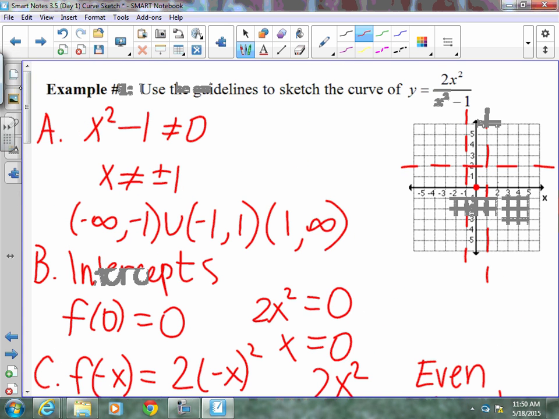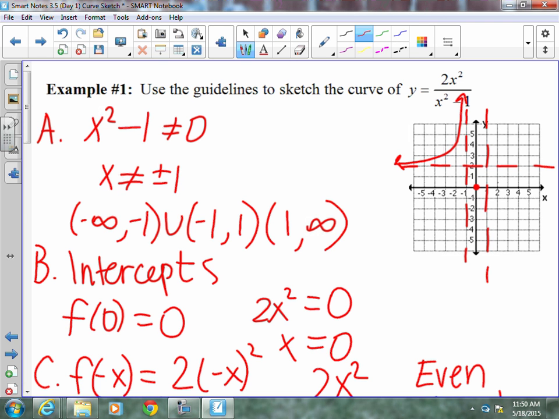To the left of negative 1, it is increasing and concave up. We know that it approaches 2 as it goes far to the left. So, increasing concave up means it about has to look something like that. In the middle, we have a max of 0, 0.